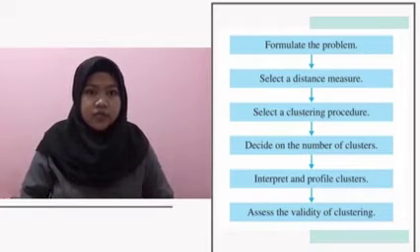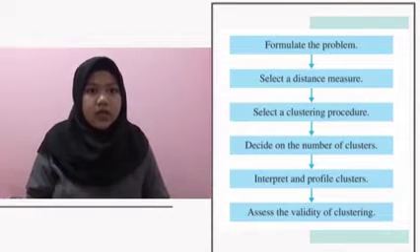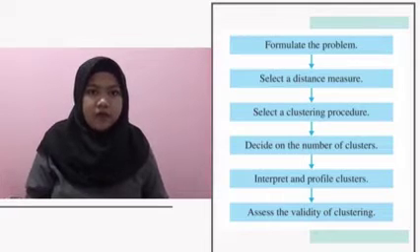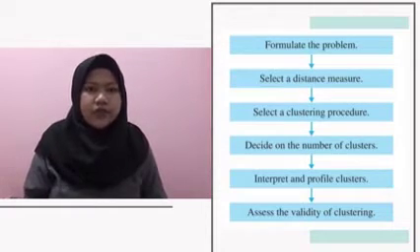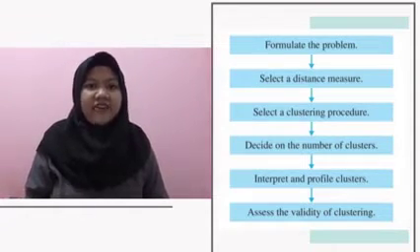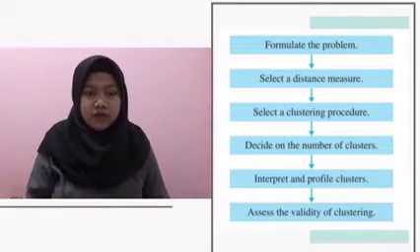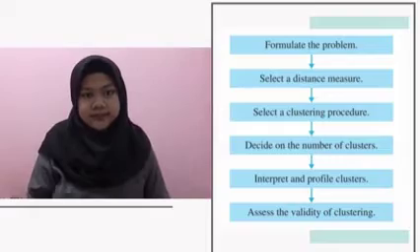Deciding on the number of clusters requires judgment on the part of the researcher. The derived clusters should be interpreted in terms of the variables used to cluster them and profiled in terms of additional salient variables. Finally, the researcher must assess the validity of the clustering process.